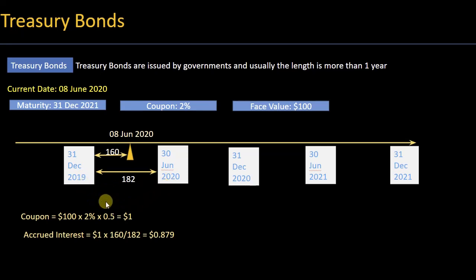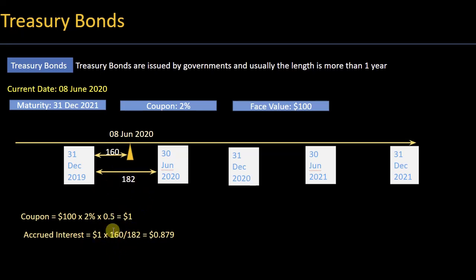But you're here, and if you want to calculate how much interest has been accrued since the last coupon date, you have passed 160 days. So accrued interest is 160 divided by 182, because 182 is the days between two coupon dates. Remember, this $1 is for these 182 days.